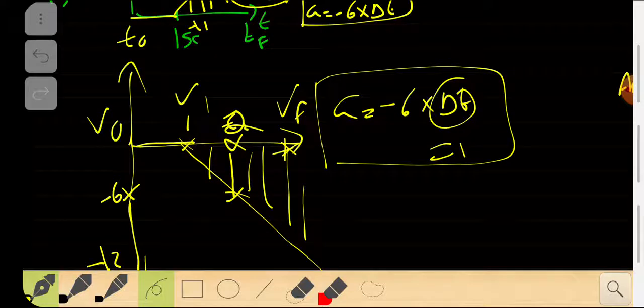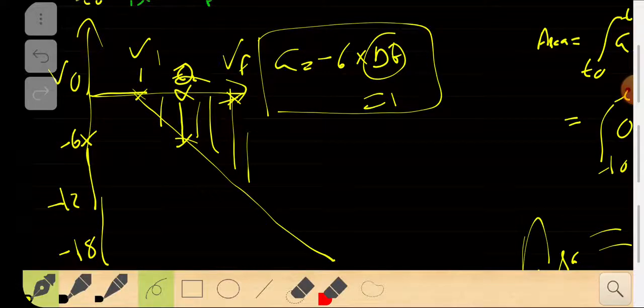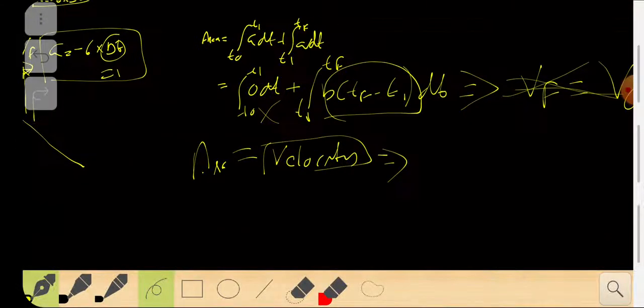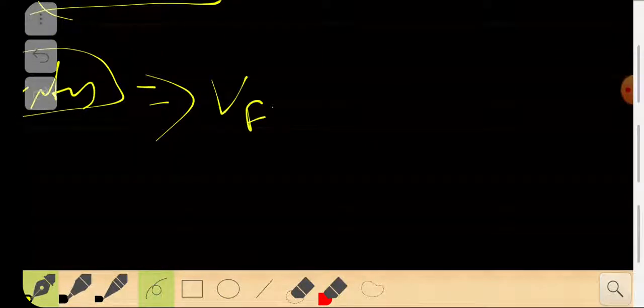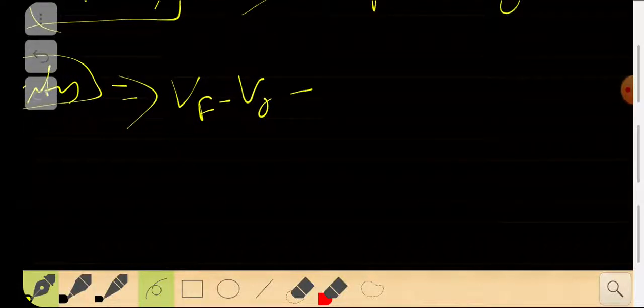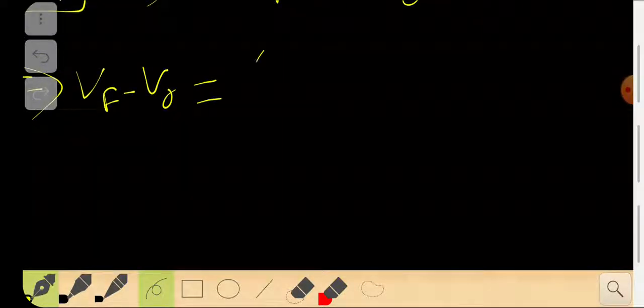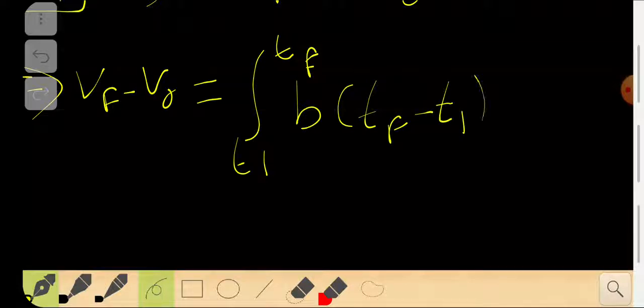So the velocity here, the first time the velocity is almost a constant. Now after that it will be changing, right? It will be changing with respect to the acceleration, changing acceleration. So v final minus v1 or v0, let it be v0, will be equal to, because v1 we also included that, the integral t1 to t final of b times t final minus t1 times dt.